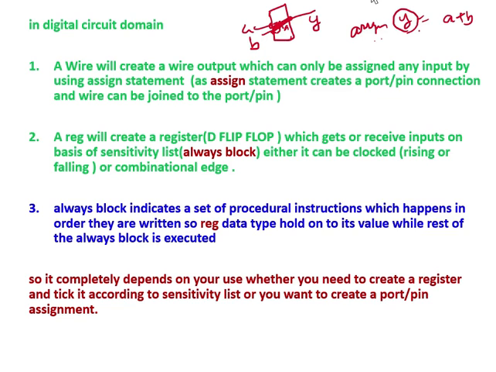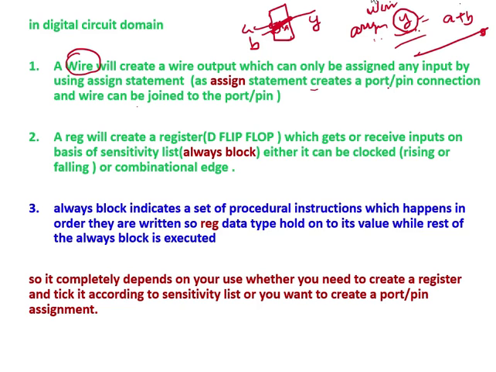So an assign statement creates a port or pin connection, and a wire can be joined to the port or pin. If you write assign somewhere in your design, it creates a port, and if you declare this as a wire, then it provides a physical path. Why is this wire called wire? Because it is physically a wire, it provides an electrical path.